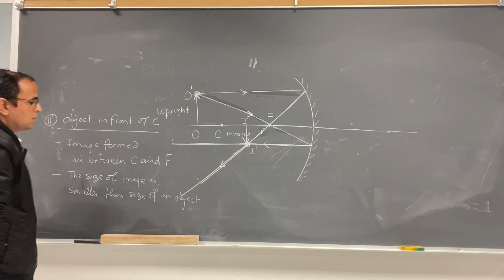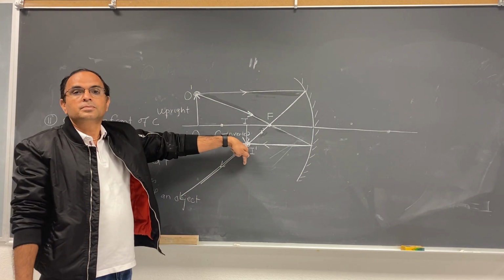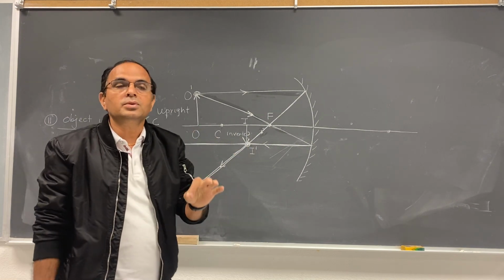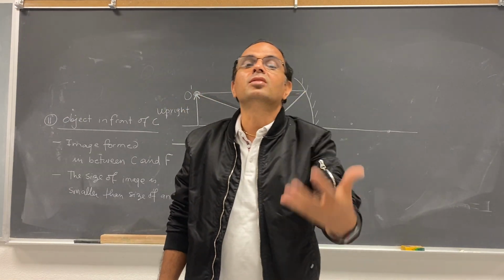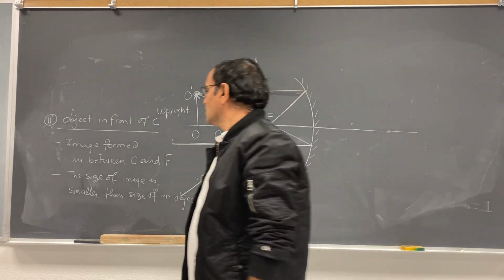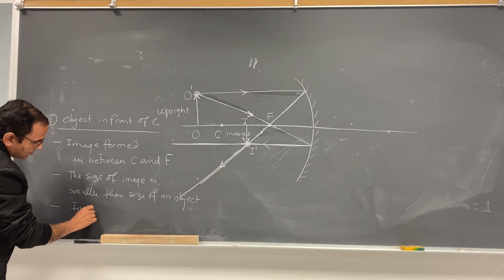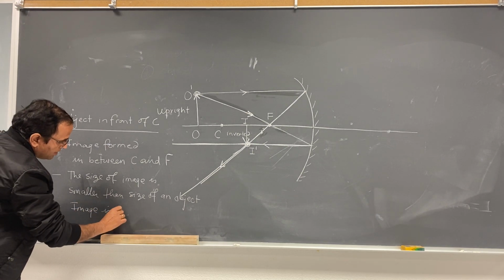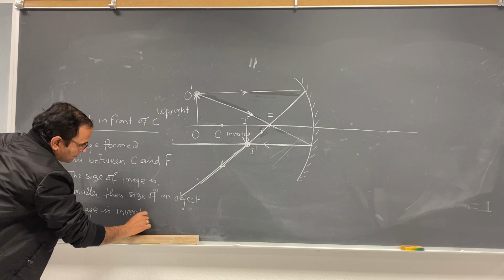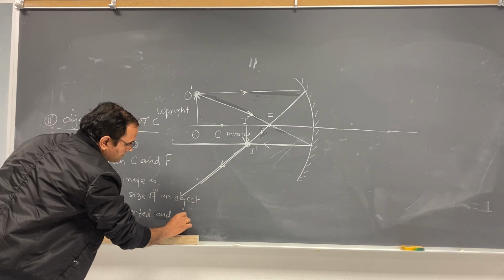And of course, you can write down another point. Look, the image is inverted. If you see the inverted image, it is a real image. So you can write down the third one: image is inverted and real.